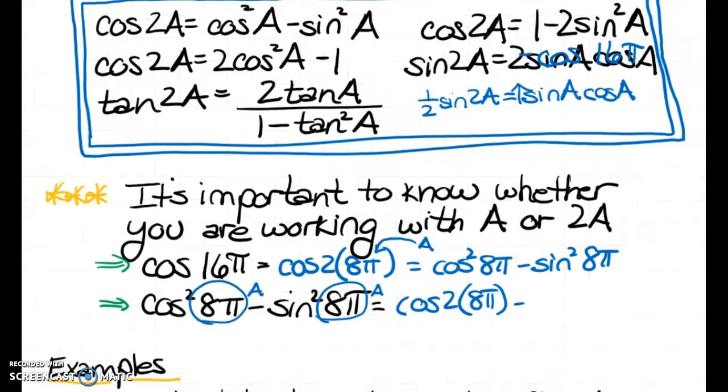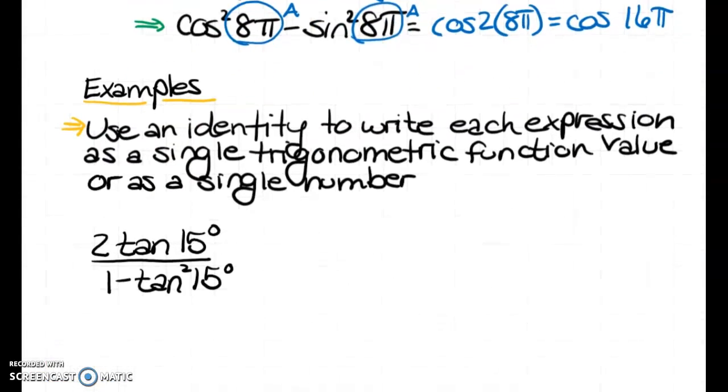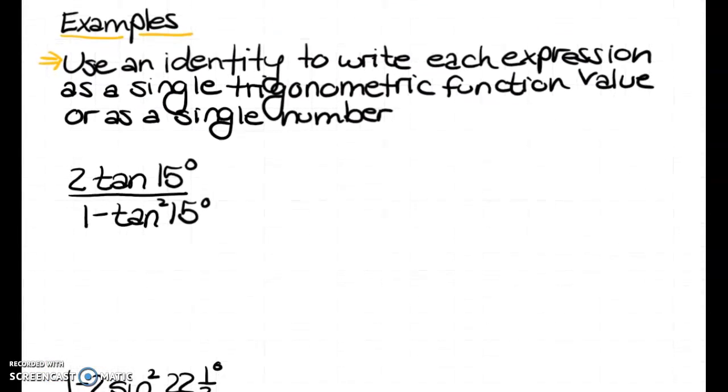First example here, it says use an identity to write each expression as a single trigonometric function, so one trigonometric function value, or as a single number. So meaning that if you can evaluate that single trigonometric function value, that you should evaluate it.